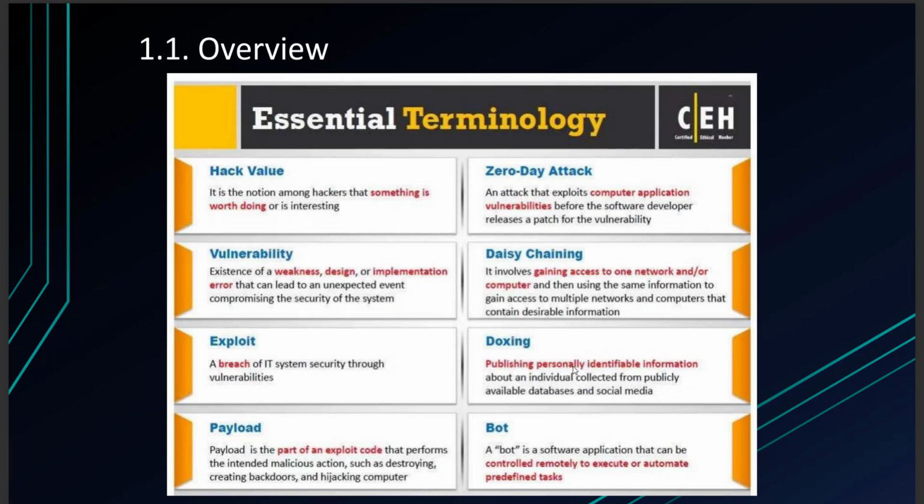And we have something called doxing. Doxing is simply publishing personal information about a specific person, a company, a client, or an employee, maybe on social media, in databases, or in any forum. There are data breaches that contain personally identifiable information.